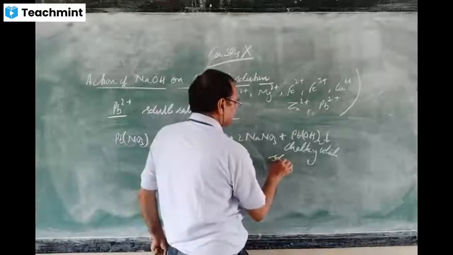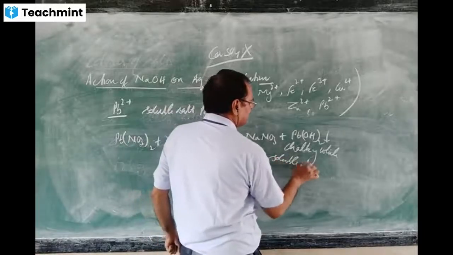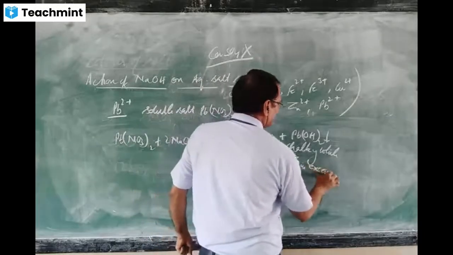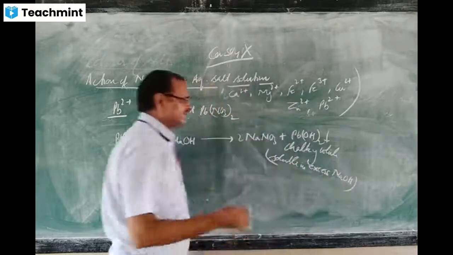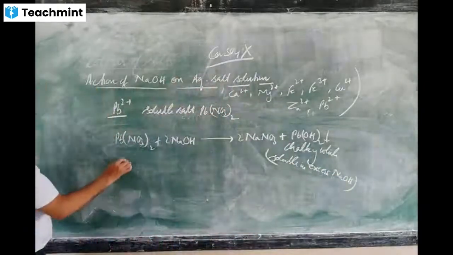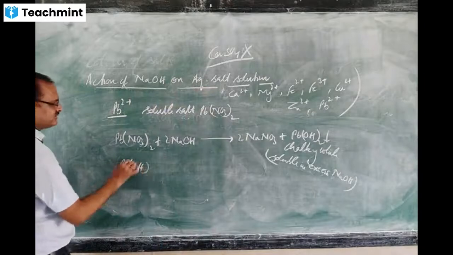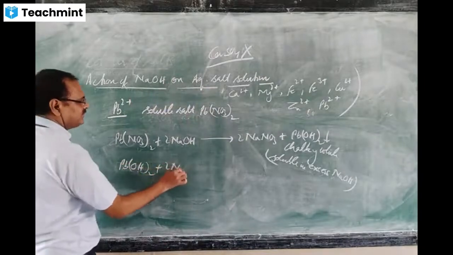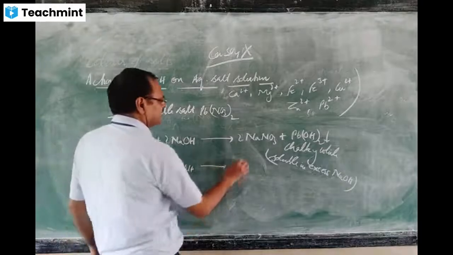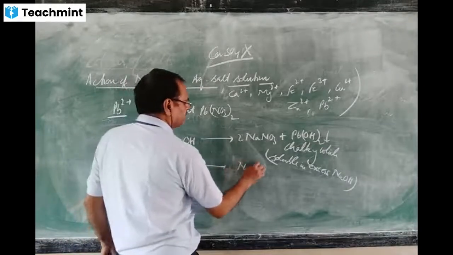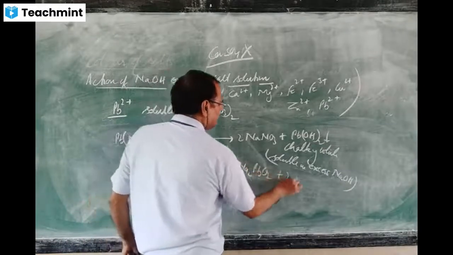It is soluble in excess sodium hydroxide. If it is soluble, then a second equation will come. This lead hydroxide reacts with sodium hydroxide to form sodium plumbite and water.